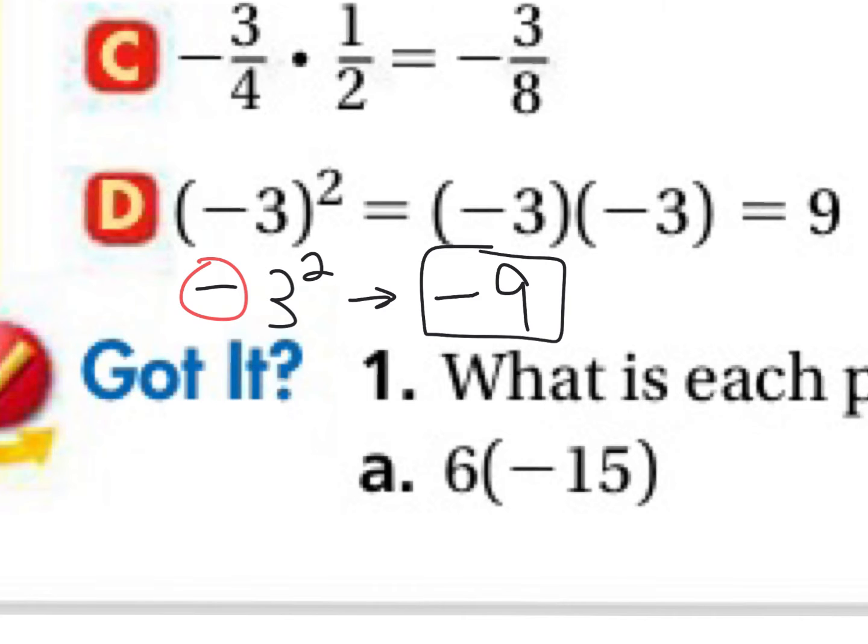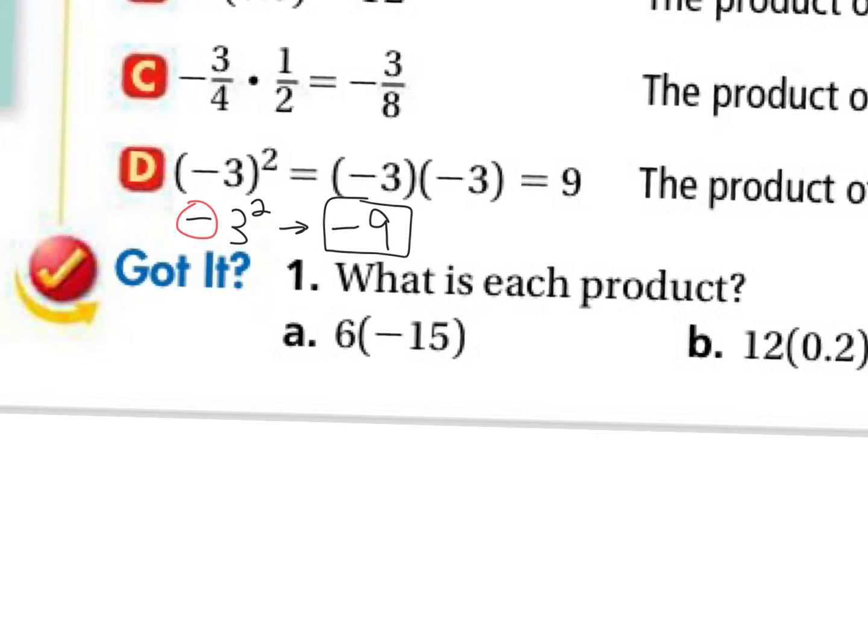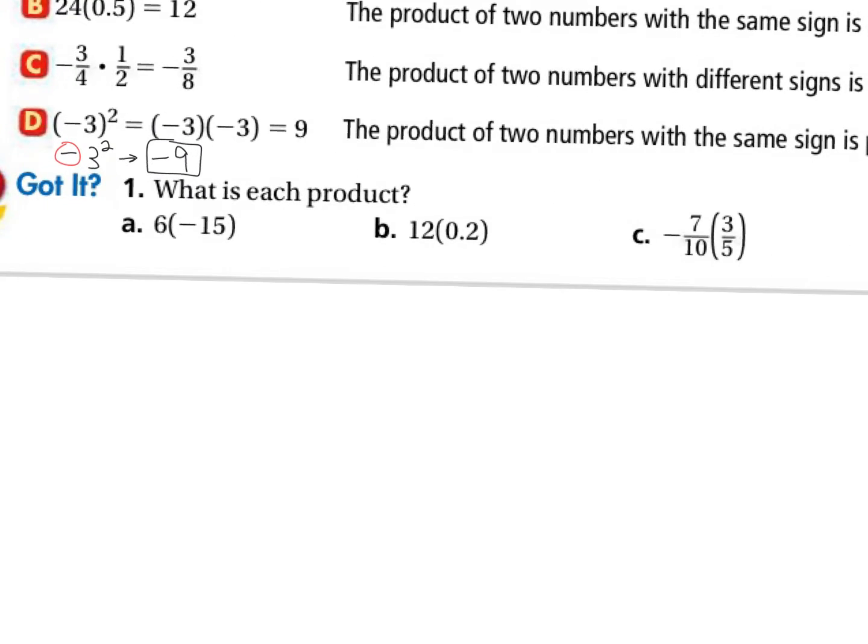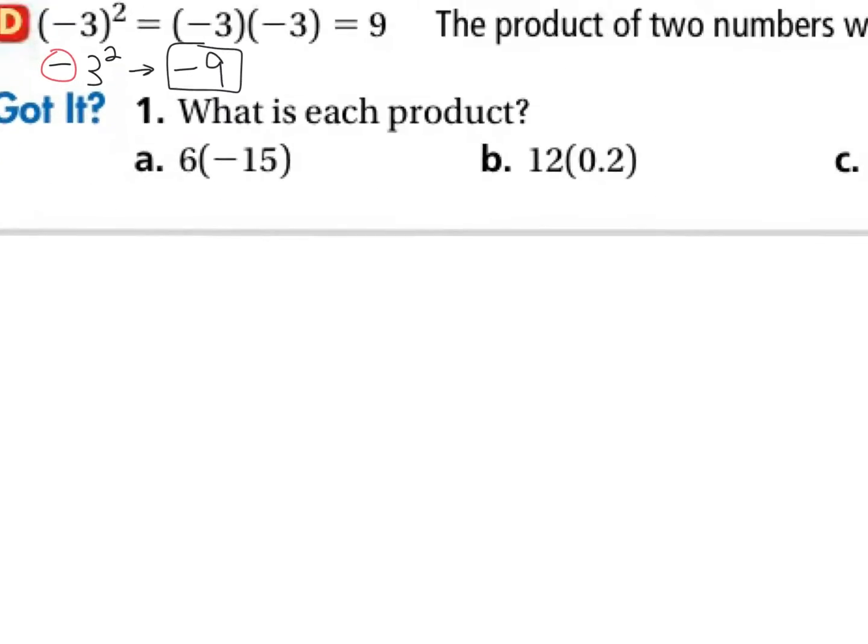Since there are parentheses, we know what's in the parentheses is being squared, so it's -3 times -3, which would be a +9. As we go through these, unless the numbers are really crazy and we're doing a ton of problems, we're going to be doing these without calculators as well. So if we look at the got it, they want us to find these products.